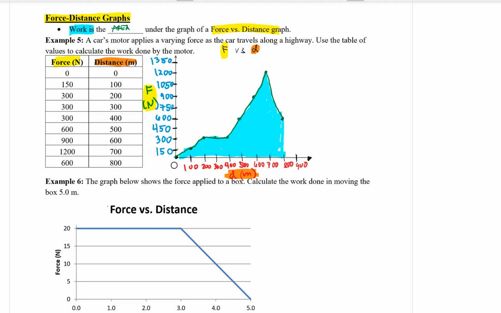Well, this is a composite figure. Just like before, we can break this one down into different areas of particular shape. So I call this one A1. That's a triangle. And then this one here is a rectangle. This whole thing here is 700.